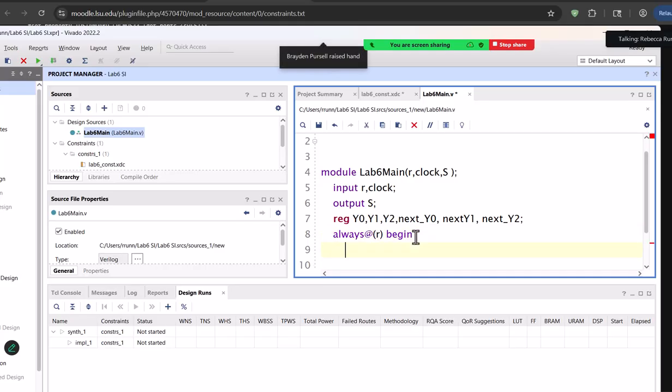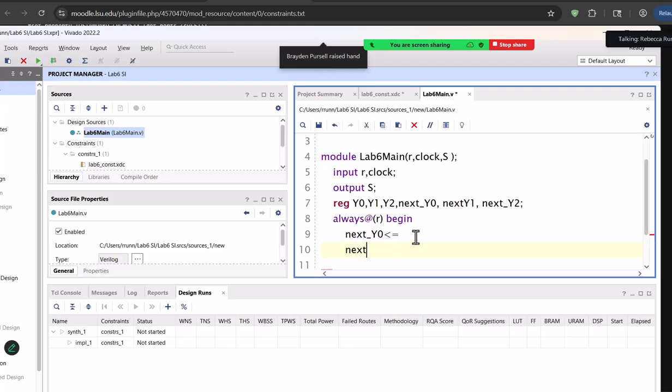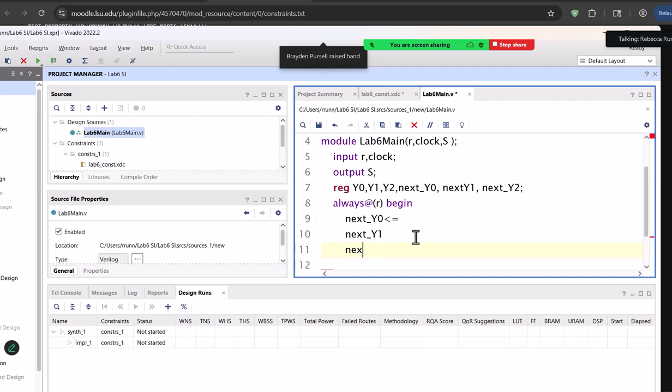This is where I want to define what my next Y0, my next Y1, and my next Y2 are going to be.